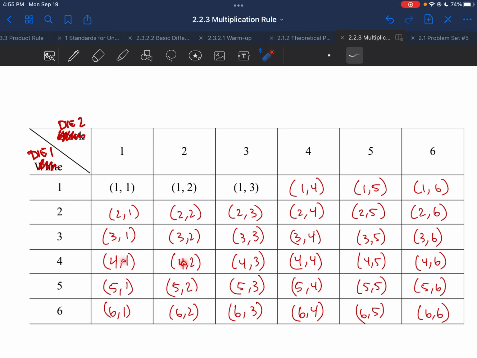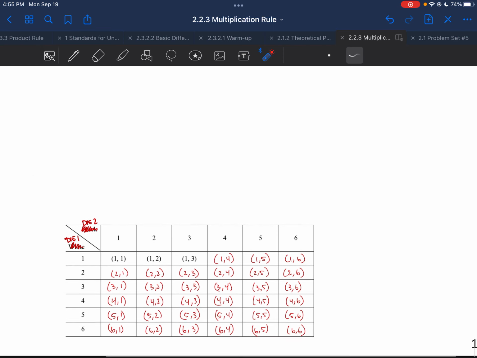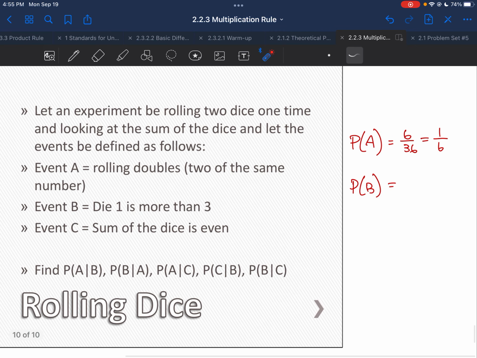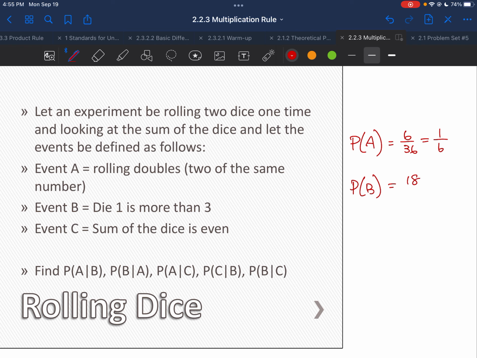So there are 1, 2, 3, 4, 5, 6 in each row. There's 3 rows, so there's actually 18 values there. So that's 18 out of the 36. And we could call that 1/2, but let's just leave it 18 out of 36 right now.